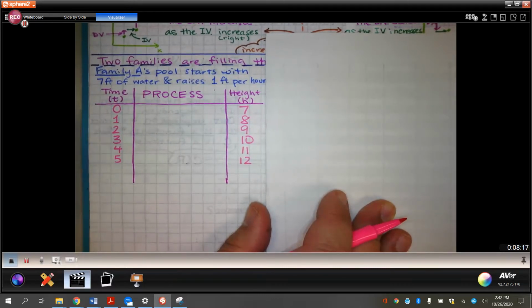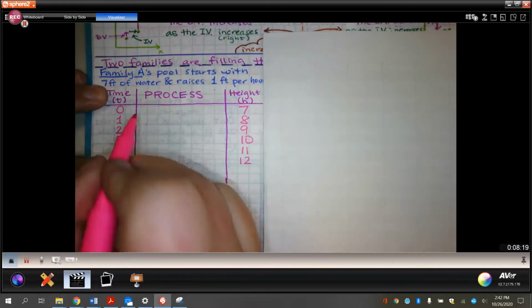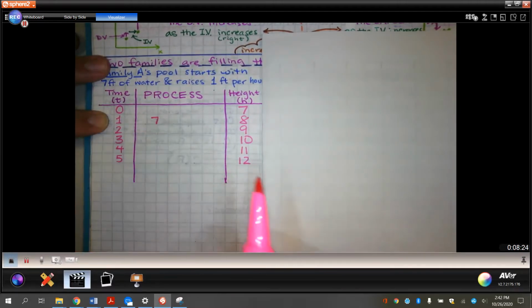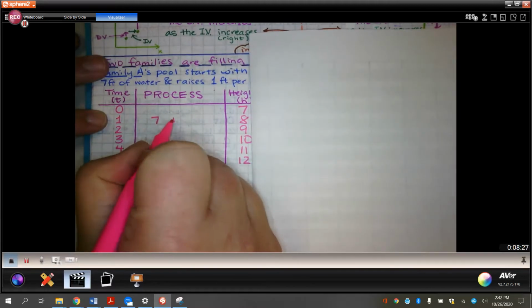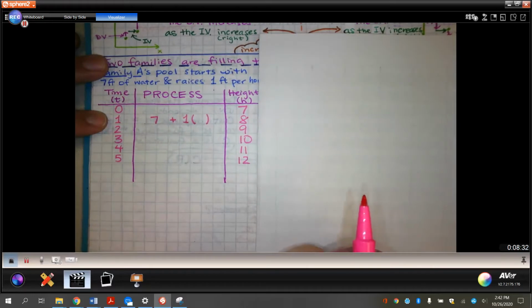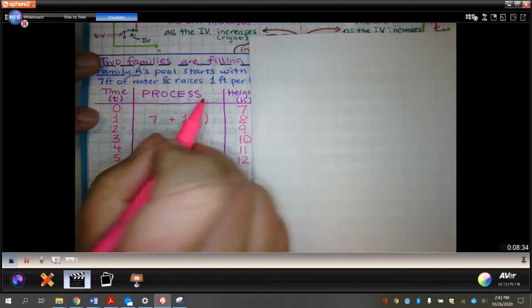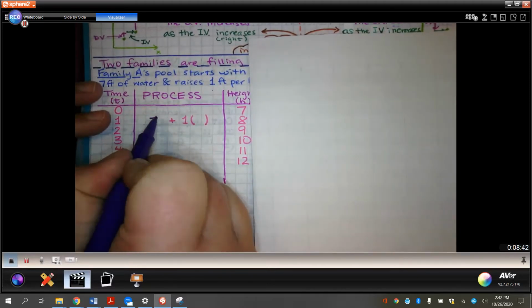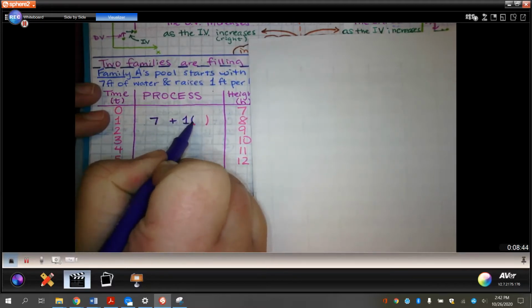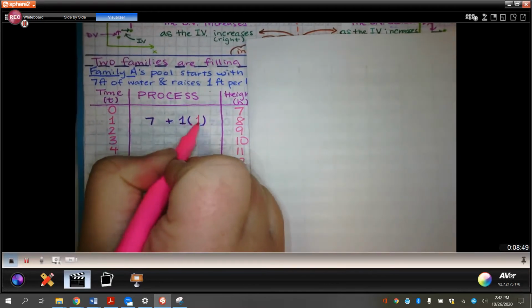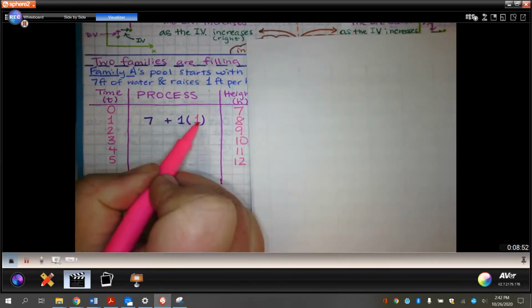Okay, so what is really happening here? Well, we start at 7, so I'm going to go to 1 hour first. 7 plus, and then we're adding 1 foot per hour times the hours that have passed. So here, maybe I should do this in a different color. There's my purple. Because at this time only 1 hour has passed, it's 1 foot times 1 hour, and that gives you 8 because it's 7 plus 1.